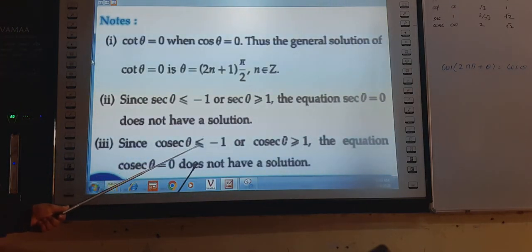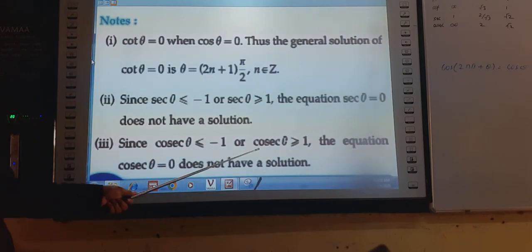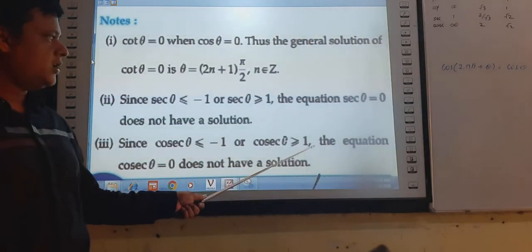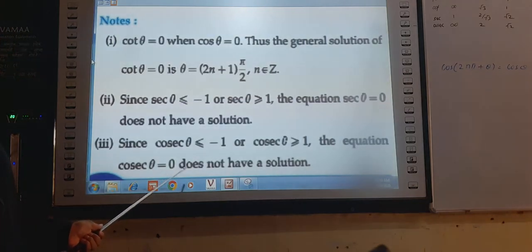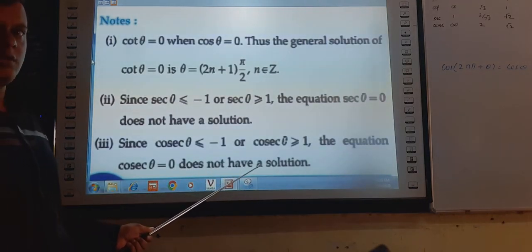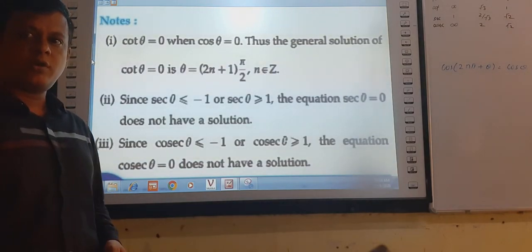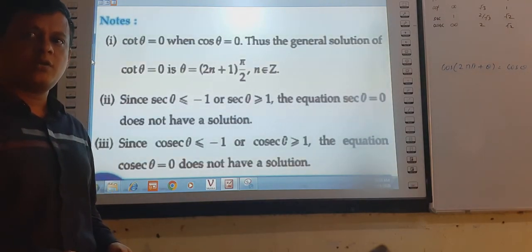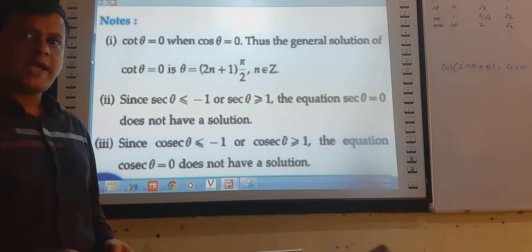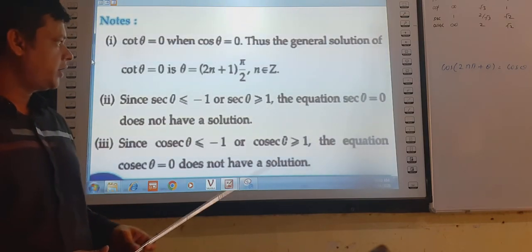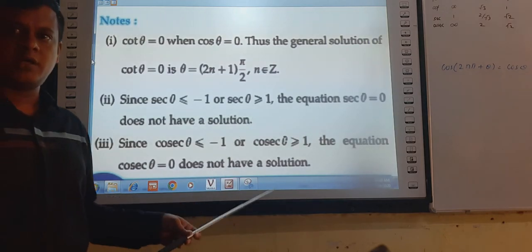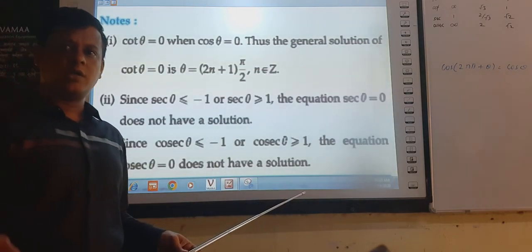Since cosec theta less or equals to minus 1 or cosec theta greater or equals to 1, the equation cosec theta equals to 0 does not have a solution. That means we have to find the general solution for sin theta equals to 0, cos theta equals to 0, tan theta equals to 0 and cot theta equals to 0. We cannot find the general solution for sec theta equals to 0 and cosec theta equals to 0.